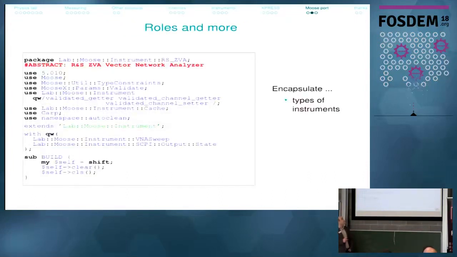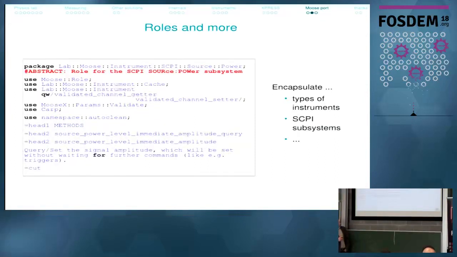Of course, once we have Moose, we can use the Moose functionalities, and we can, for example, use roles for types of instruments. What we did before with the source, we can now do with, for example, Moose roles.